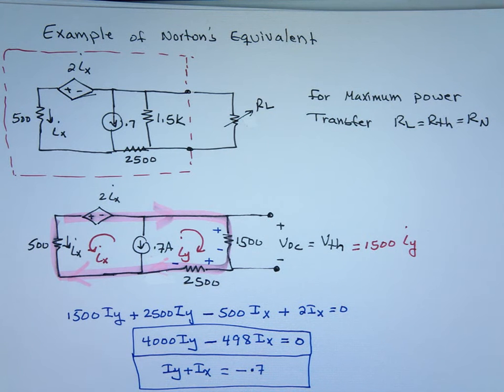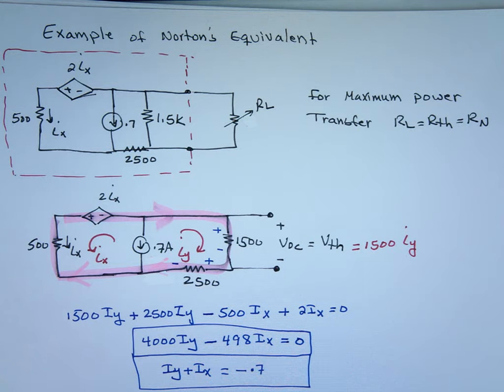Two equations by two unknowns. So simultaneous equation, two of them. 4,000, negative 498, 0; 1, 1, negative 0.7.